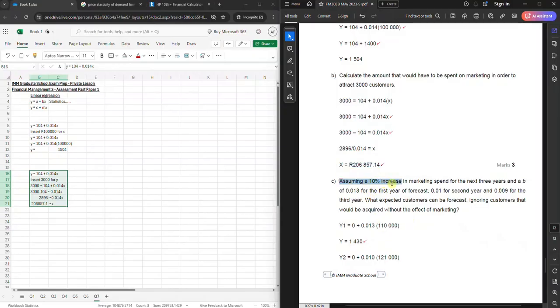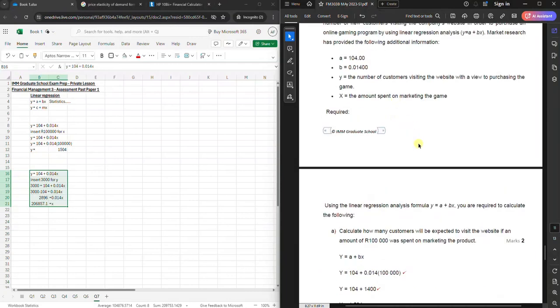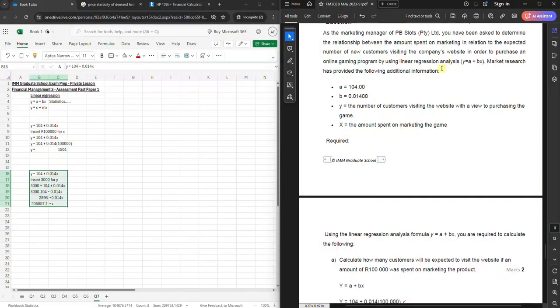Here, they're assuming an increase. So you're making the X bigger, right? And then obviously, in the next 2 years, they were supposed to say an A and a B. So this B is changing.